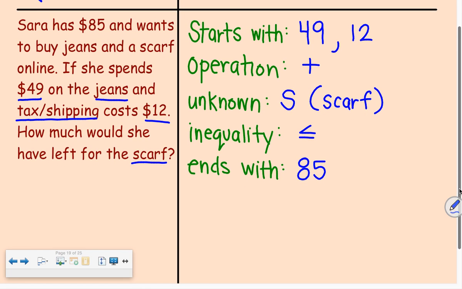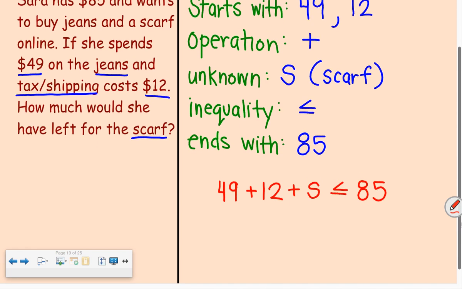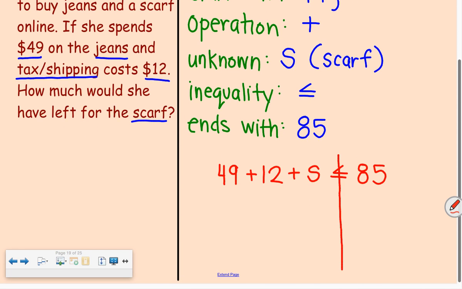All right, so if I write my inequality, I have the $49 jeans plus the $12 shipping plus my scarf that I want to buy, and all of that has to be less than or equal to $85. So 49 and 12, if I add them together, would be 61.